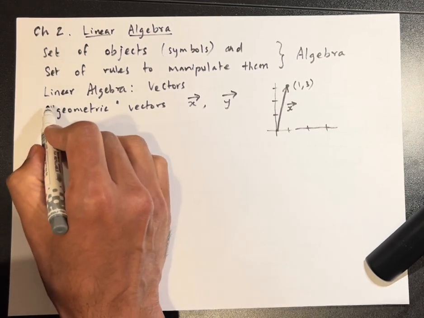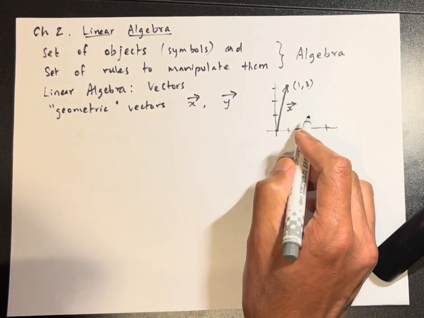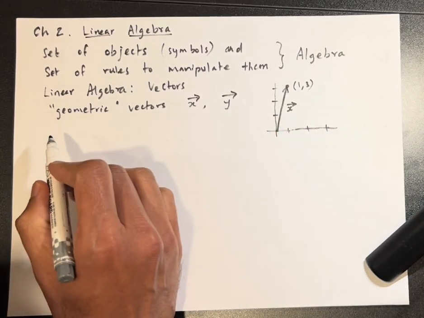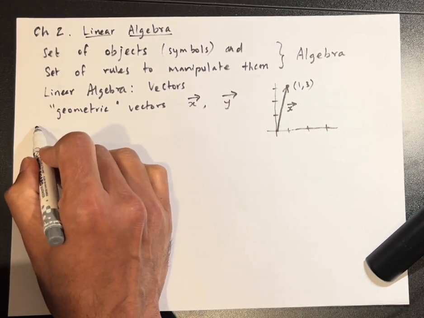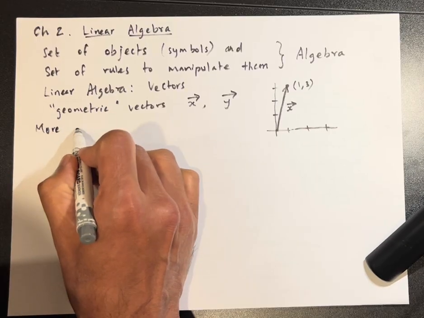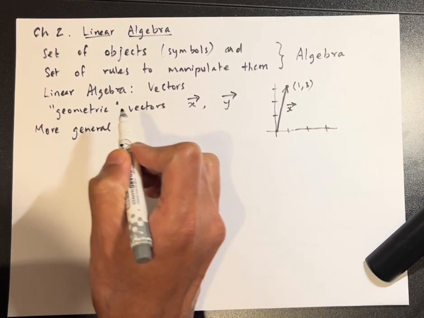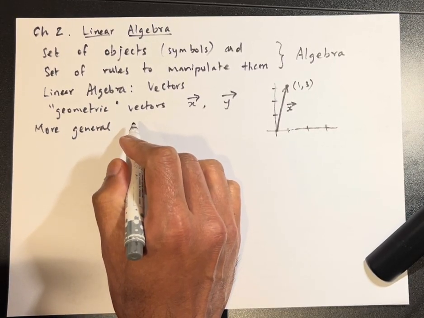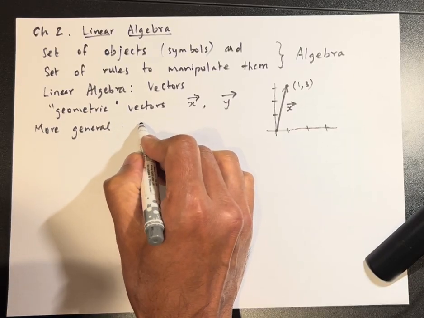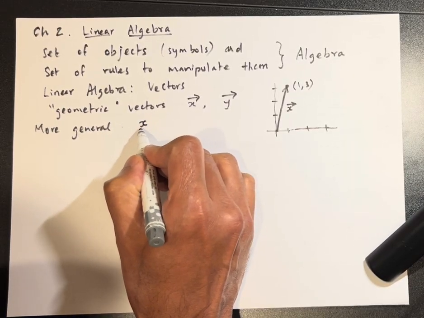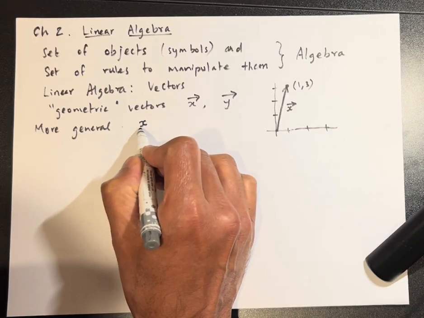But when it comes to mathematics, it's a little bit more general than this. So, more general concepts of vector, and as we discussed in the notation, we are going to use this symbol x, and in the book it will be bolded lowercase.